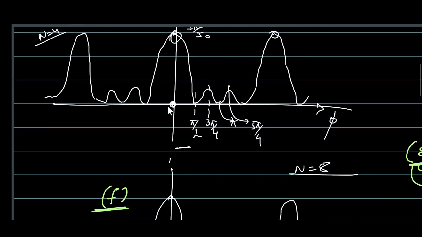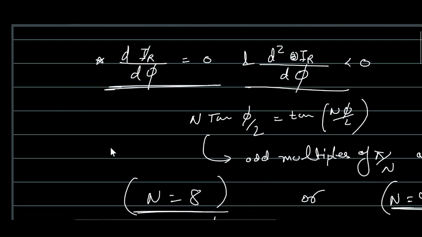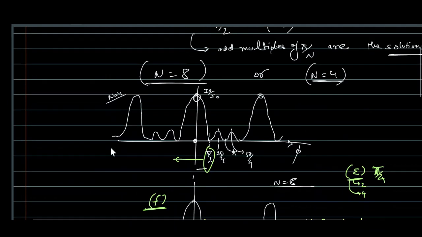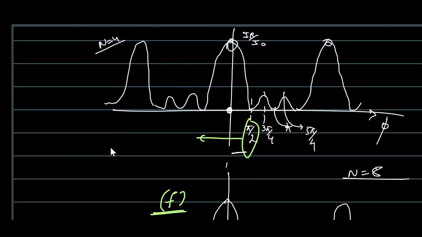So to justify these points, as I already showed, for secondary minima the condition was an even multiple of pi by n, excluding, as I have told earlier, phi equal to 0, 2 pi, 4 pi, and so on. So for n equal to 4, we can take e as 2, we can take e as 4.